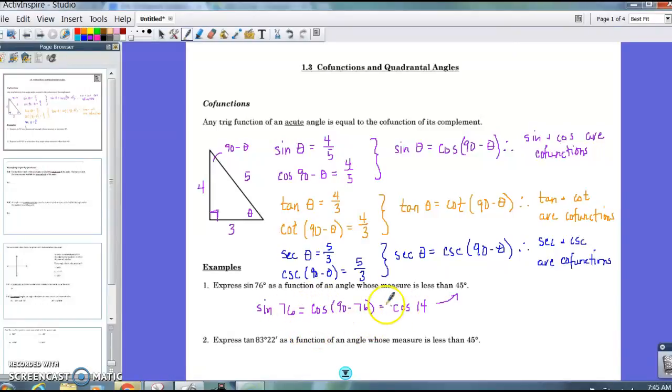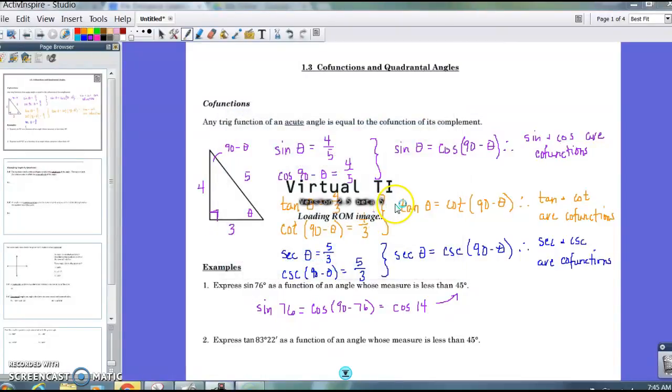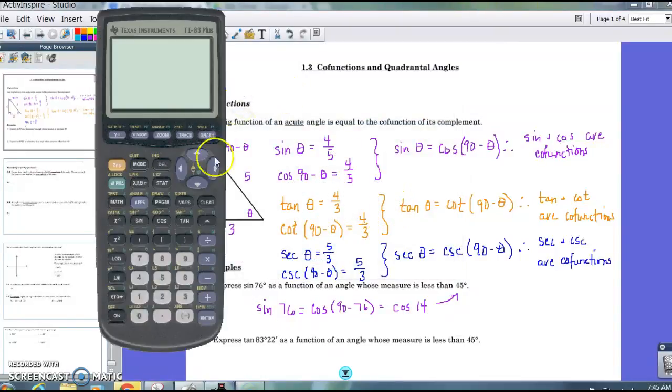The angles are complementary, and this is an easy mistake to make. Sometimes people say the sine of 76 equals the cosine of 76. That's not true. It's their complement, the cofunctions and their complements.